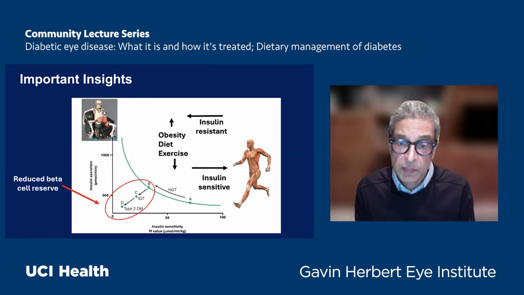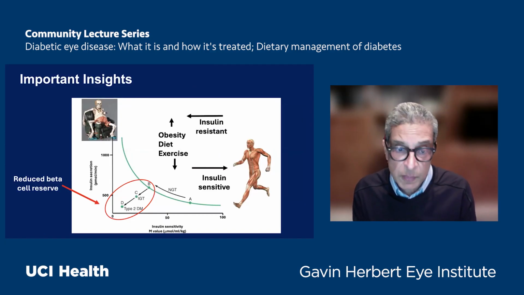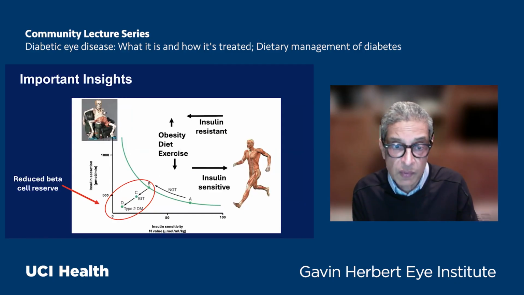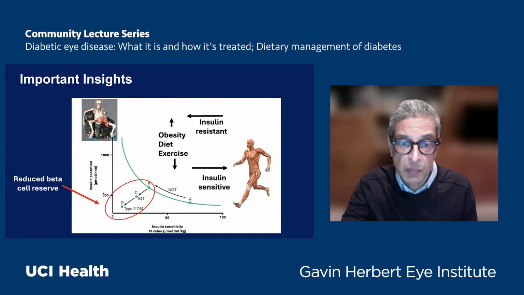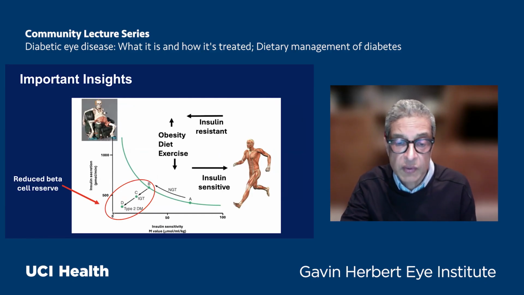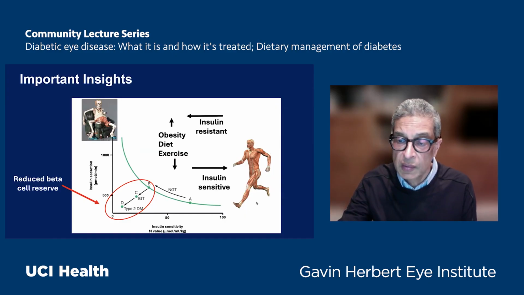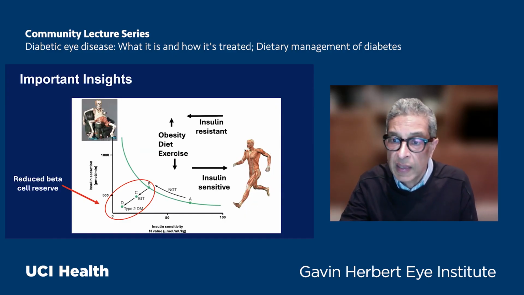So essentially, there are two mechanisms at play. One is on the left side, the insulin secretion from bottom to top over here. So insulin is secreted depending on how much is needed in the blood to respond to the blood sugar. And this is insulin resistance or insulin sensitivity. So on this side here, we have a very insulin sensitive individual, somebody who's exercising and has very little fat.